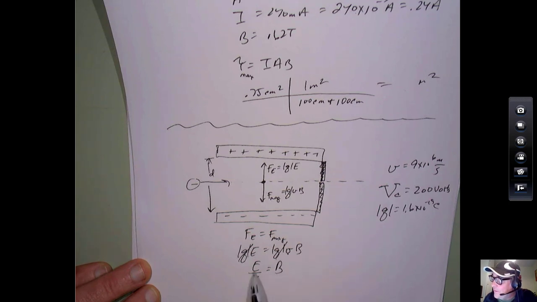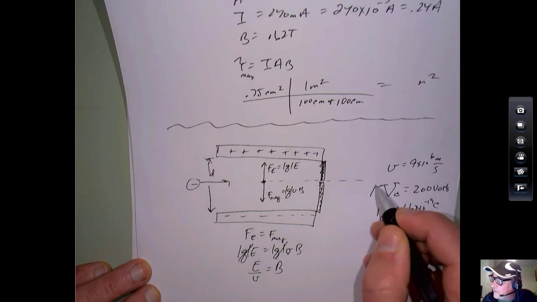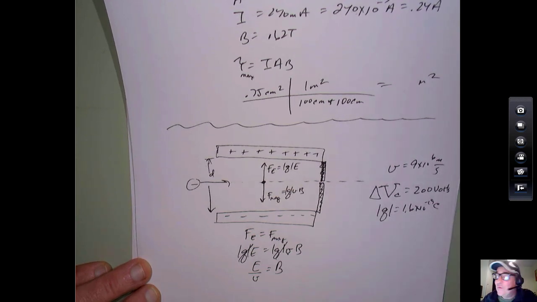Well, they don't give you the electric field, but they do give you the voltage across the capacitor and the plate separation. So going back to a previous chapter, maybe I should have called this the voltage across the capacitor. That's what I meant by that. Anyway, the voltage across the capacitor is E, see, is it times D or divided by D?